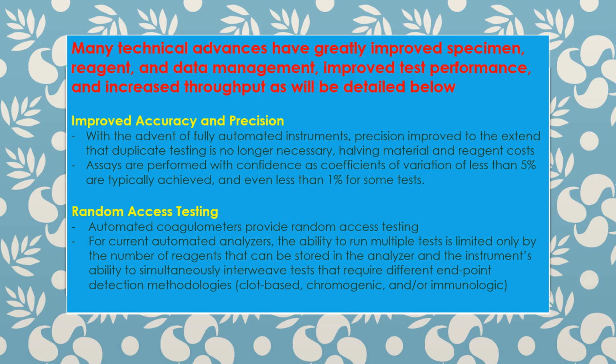Random access testing. Automated coagulometers provide random access testing. For current automated analyzers, the ability to run multiple tests is limited only by the number of reagents that can be stored in the analyzer and the instrument's ability to simultaneously interweave tests that require different endpoint detection methodologies: clot-based, chromogenic, and/or immunogenic.